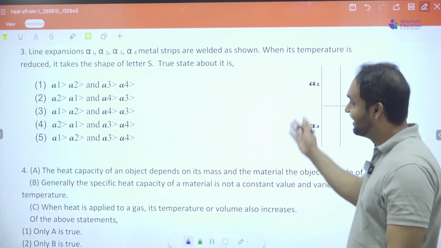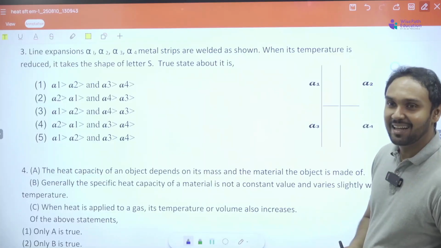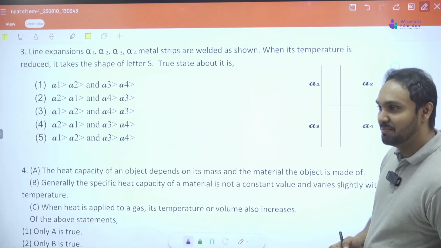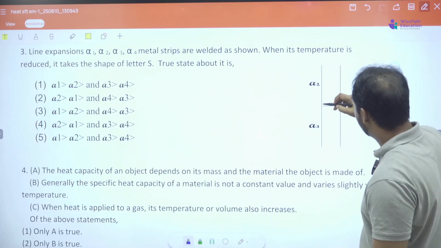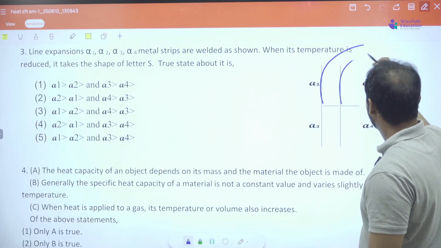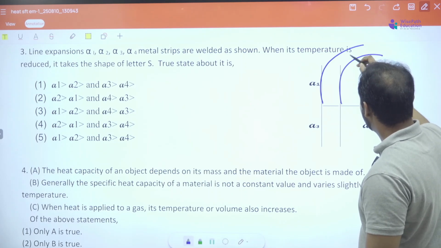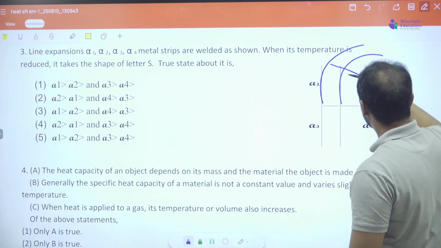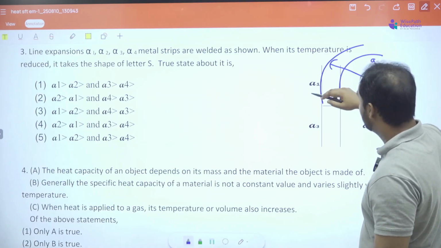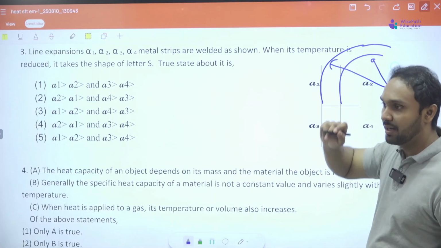Come to this. So alpha 1 should be greater than alpha 2. Why? Because this has to bend this way. And when it's bending this way, this has a more radius than this one, isn't it? So the one with more radius has to have a more arc length.